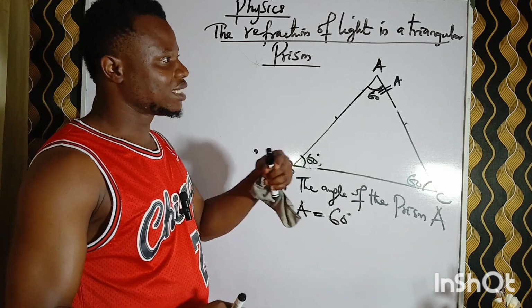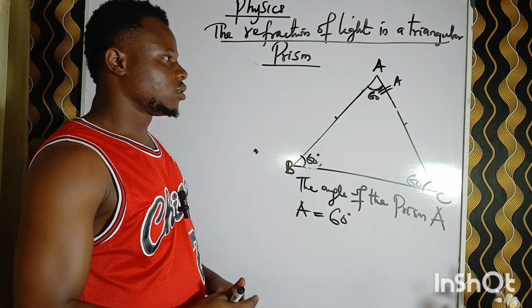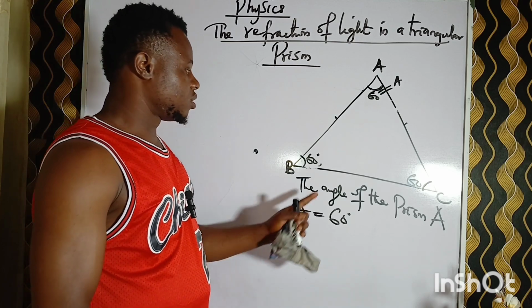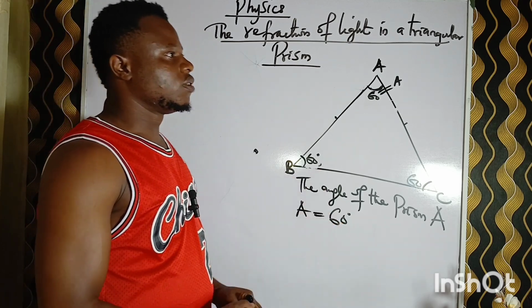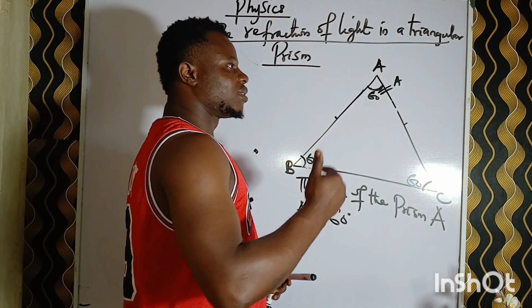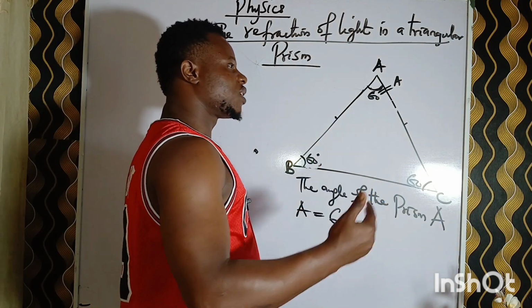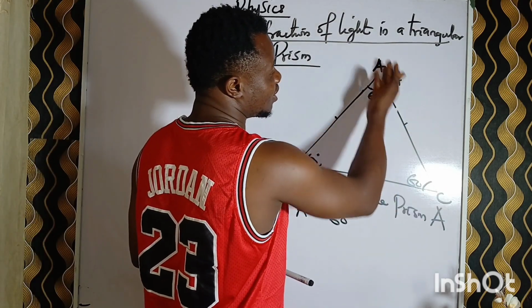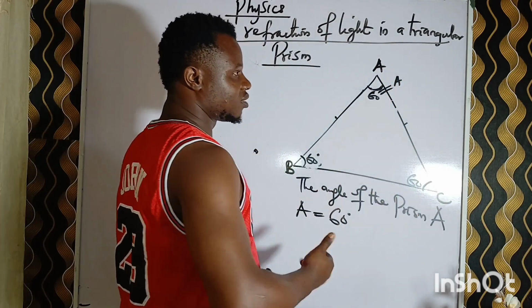All these things depend on the angle of incidence. If the angle of incidence is small, the light will come here. If the angle of incidence is from 30 and above or 25 and above, we are meant to see the light coming out from the side of AC instead of BC.